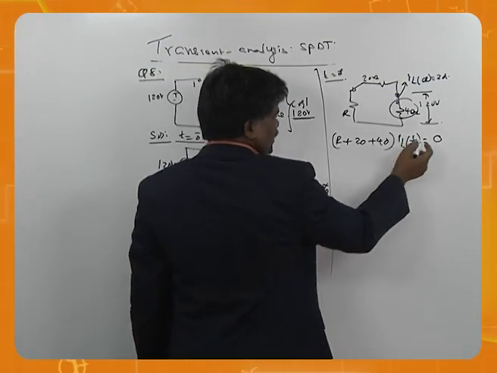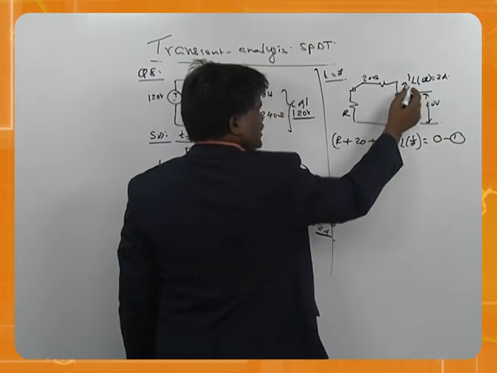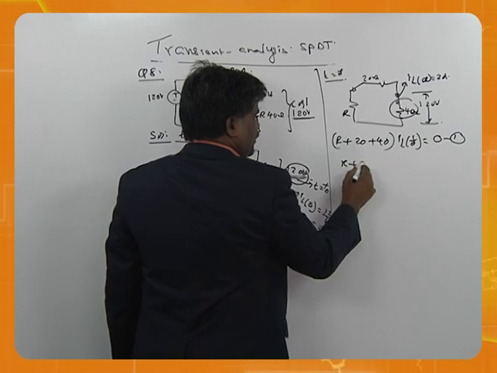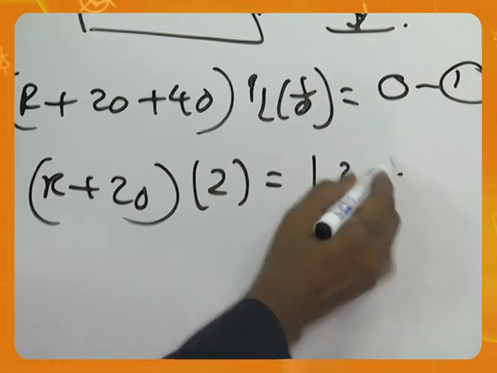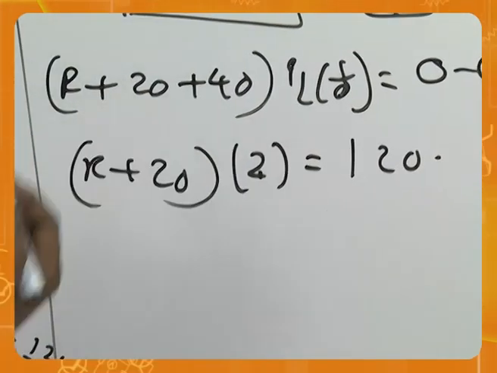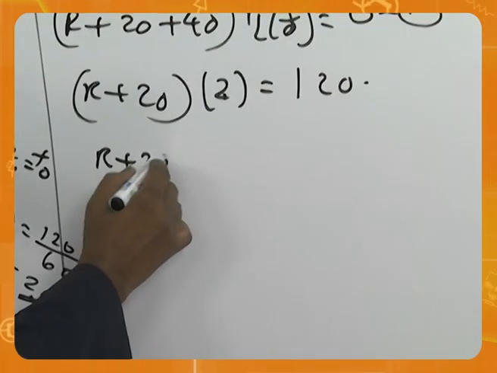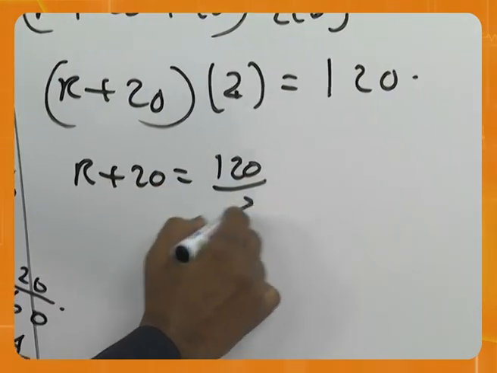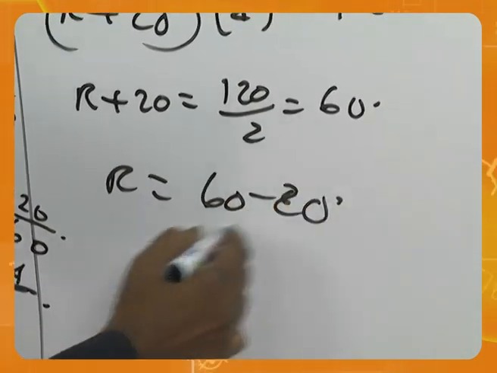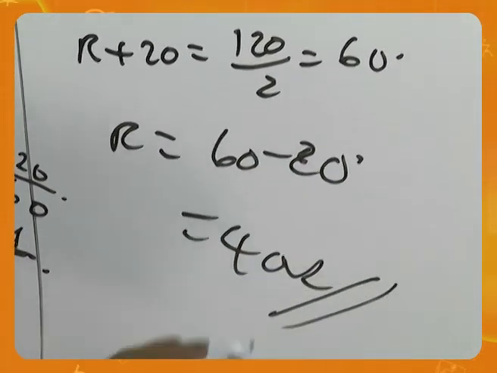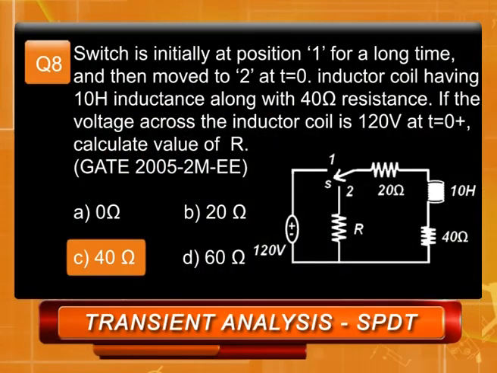Instead of taking the total and saying 0, you have another option. Second is, take this as 120: R plus 20 into 2 is equal to 120. Why 2? These 2 I am substituting there. So simply do it. R plus 20 is 120 by 2 is 60. R is 60 minus 20, that is 40. 40 means the option is C.